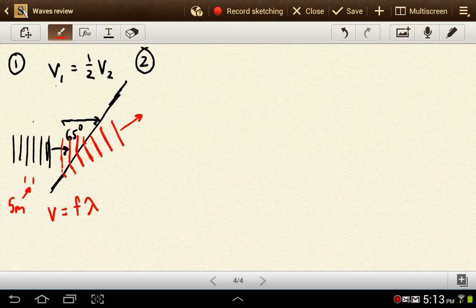In fact, the speed of the wave doubles as you go from the mud to dry ground. So if the speed of the wave doubles, and the frequency stays the same, then lambda must also double. So the wavelength out here is going to be twice as long as the wavelength we had back here, and that's going to be 10 meters. So that's your answer for part A.